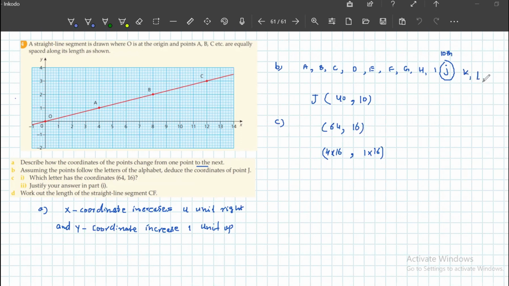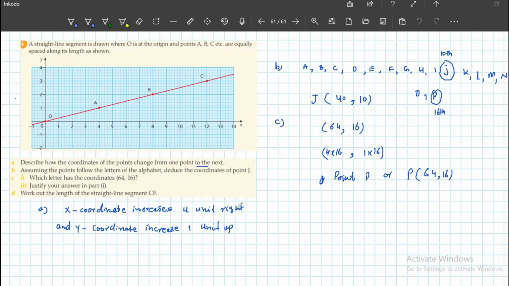K, L, M, N, O, P. So P will come exactly on the 16th position, with 64 units right and 16 units up. You can say that these are the coordinates of P, which are 64 comma 16.